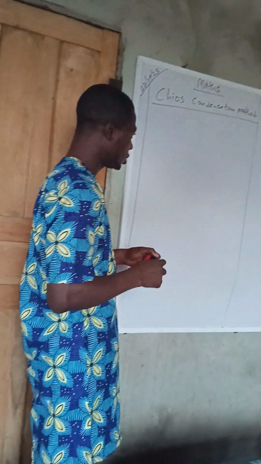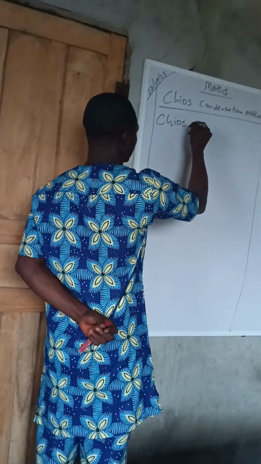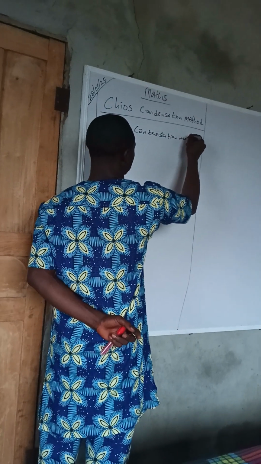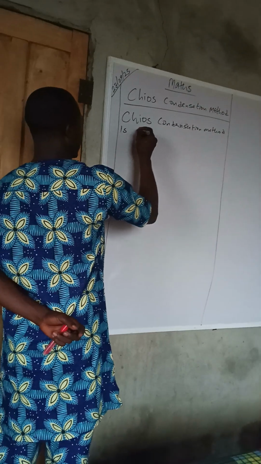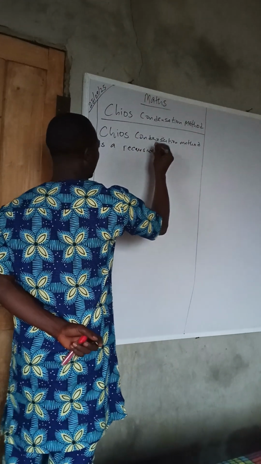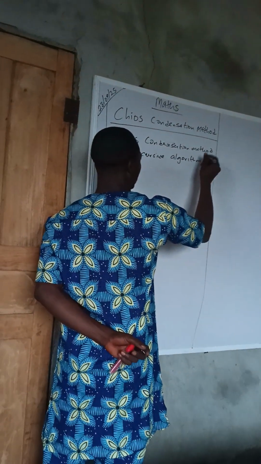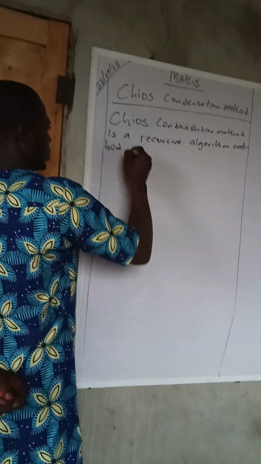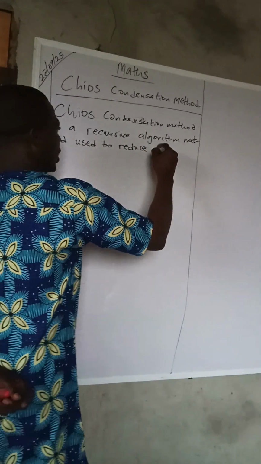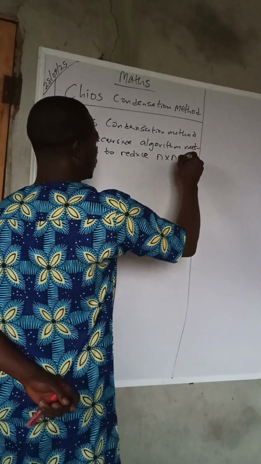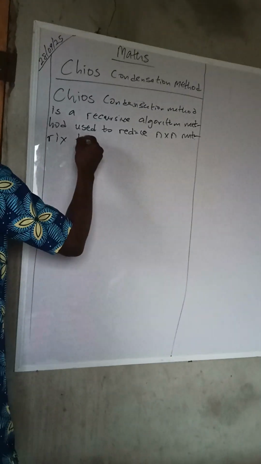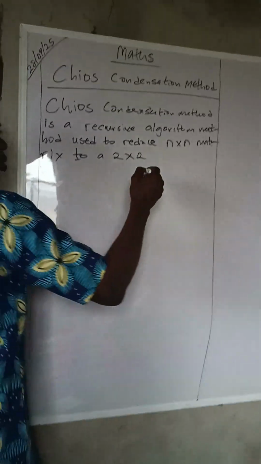So I would like to write the definition on the board. Chios condensation method is a recursive algorithm method used to reduce n by n matrix to a 2 by 2 matrix.